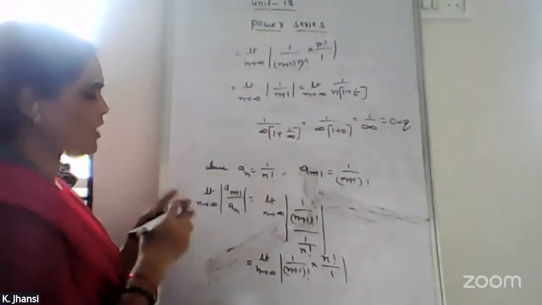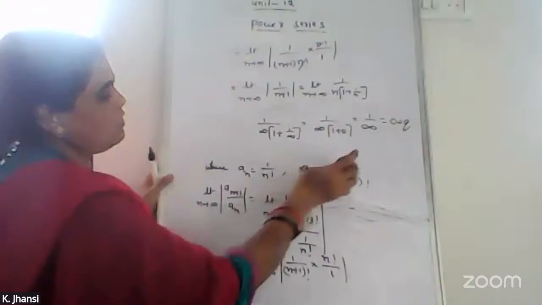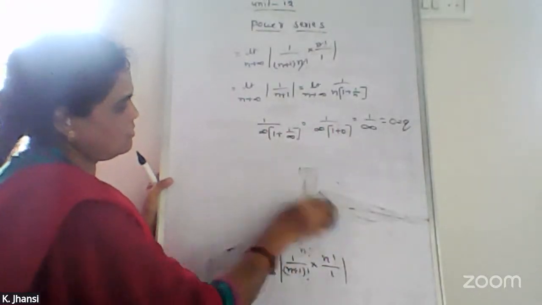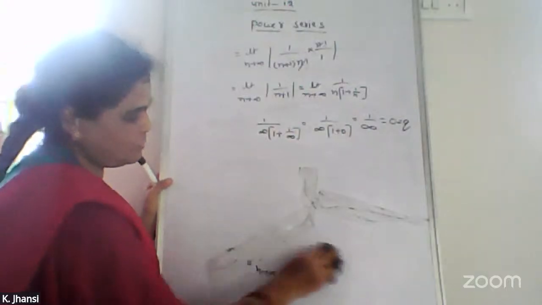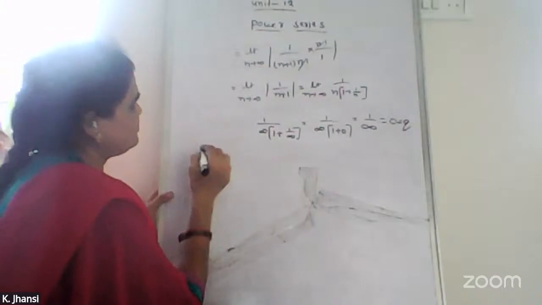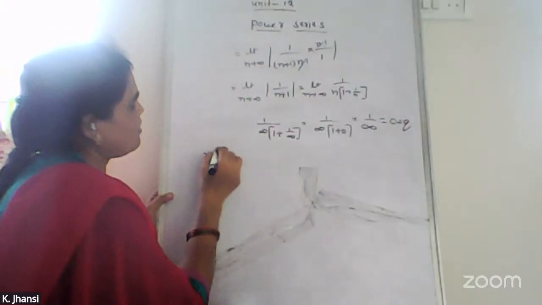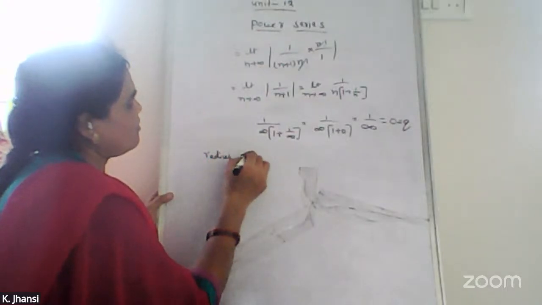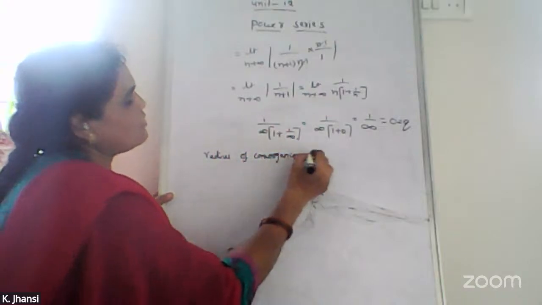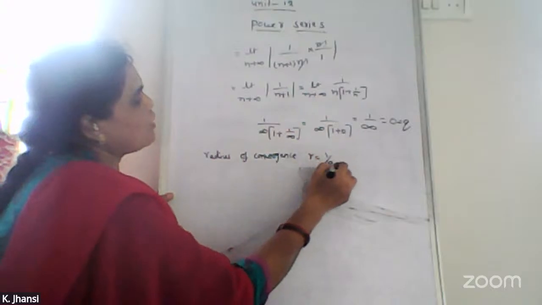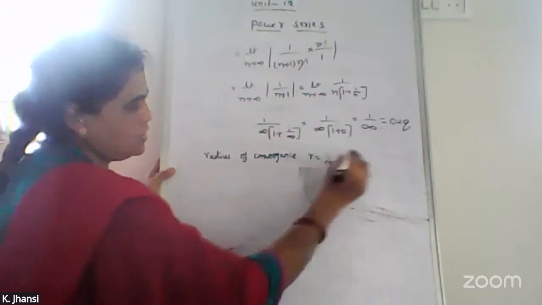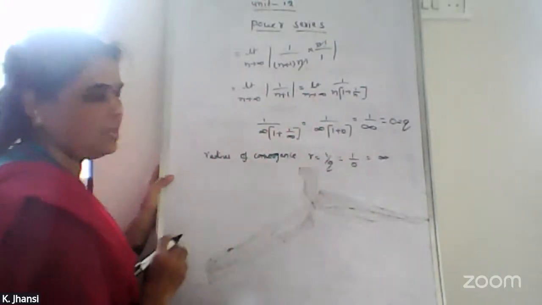Okay. So now radius of convergence, what we have? Radius of convergence r equals to 1 by q. So that is q value is 0, no? So 1 by 0 means it is equals to infinity.